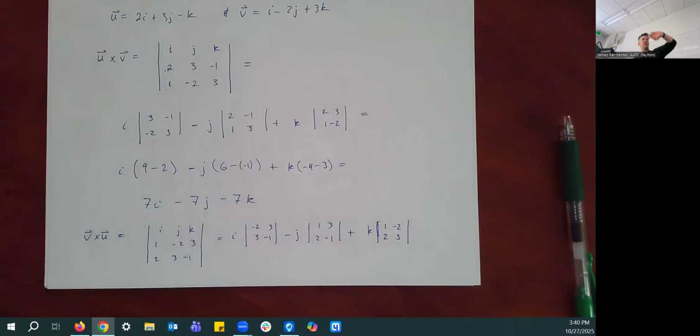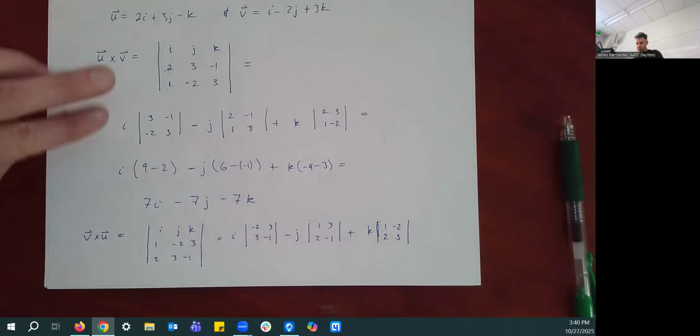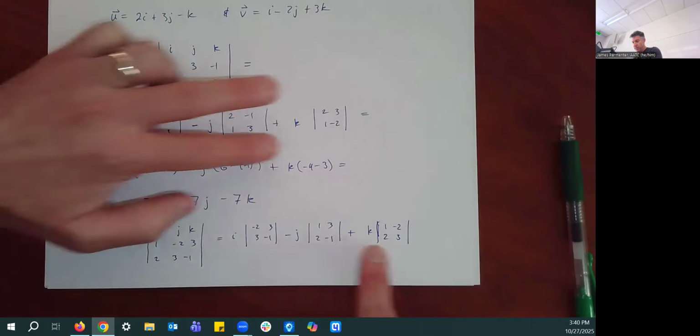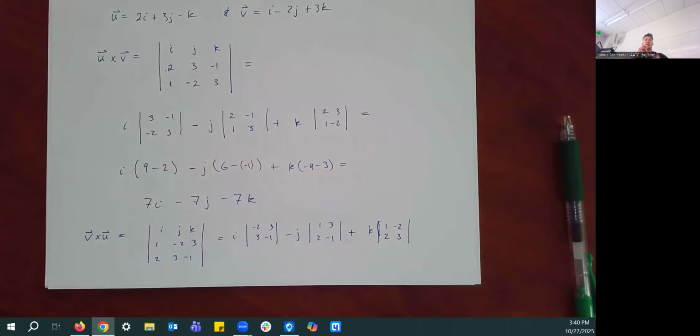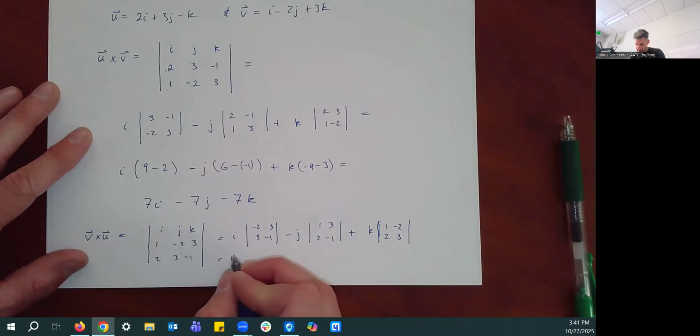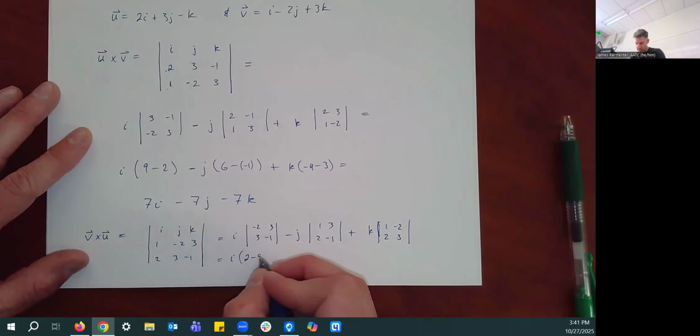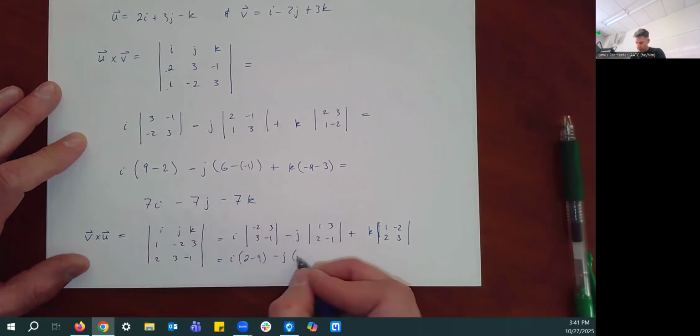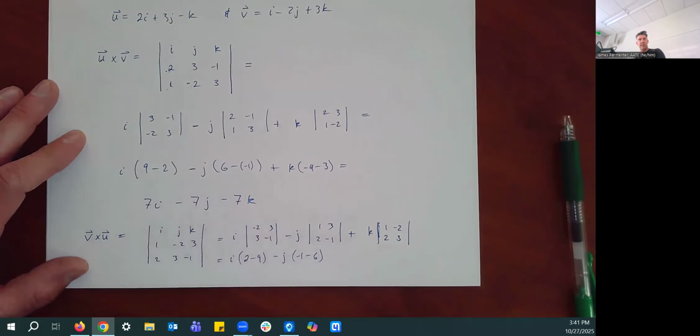Well, it kind of makes sense if you switch the rows, right? Because that's all these are. This and this are just the same, but the rows are switched. Same with this, same with that. Then you're going to essentially change the order of subtraction. So here we're going to get I times 2 minus 9 instead of 9 minus 2. And here we're going to get minus J times -1 minus 6 instead of 6 minus -1.